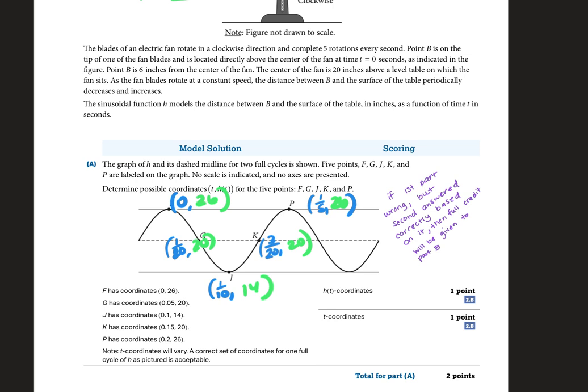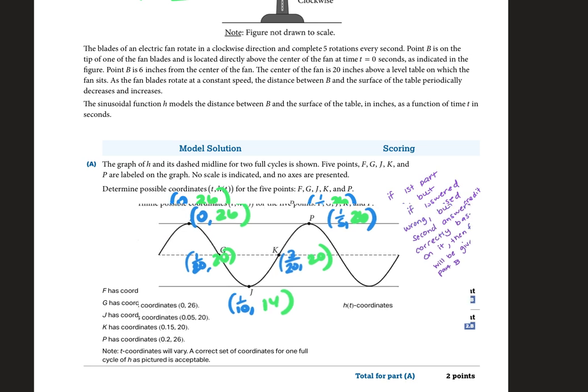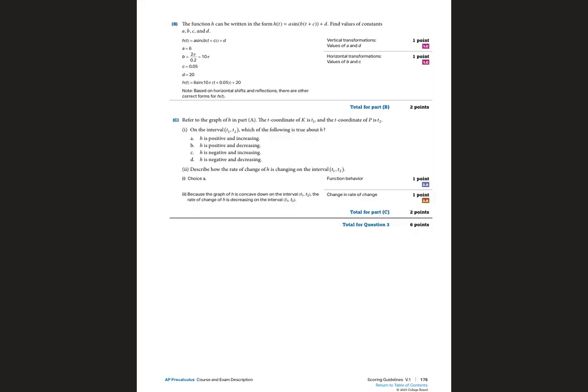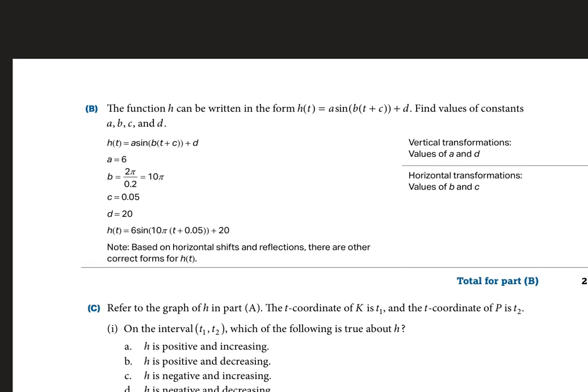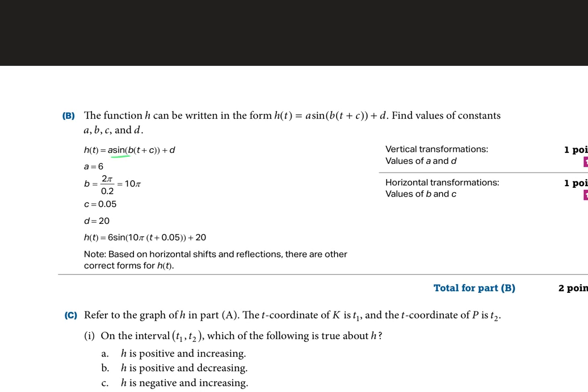Then based on that, you had to answer your A, your B, your C, and your D. It said sine this time.